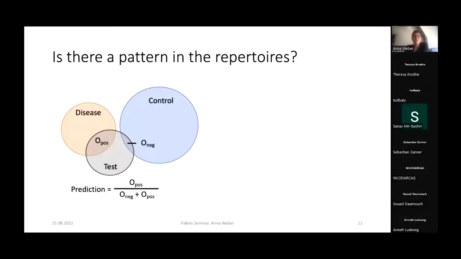Right. So the next thing I did was I wanted to find out whether there are patterns that we find in these T-cell receptor repertoires, so in the whole of the T-cell receptors that we find in these patients. Basically, I was wondering, could a very, very simple model distinguish the patients from the controls?